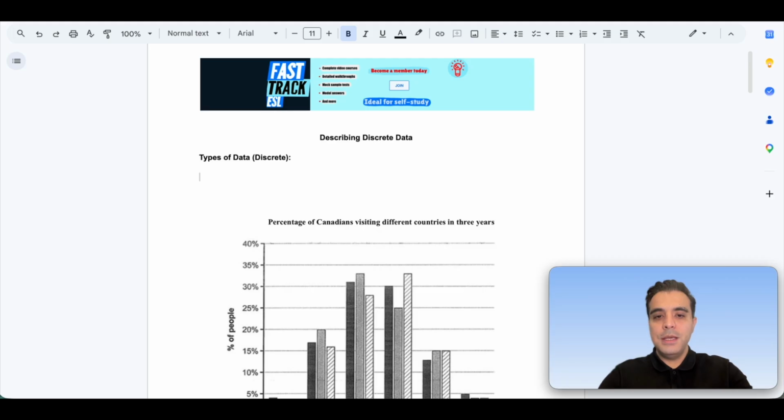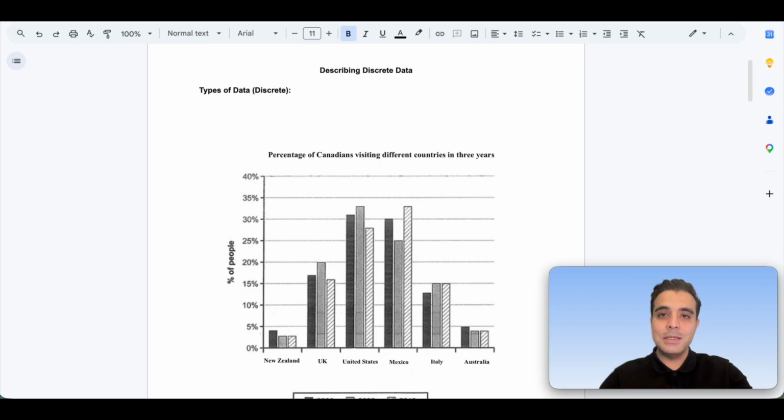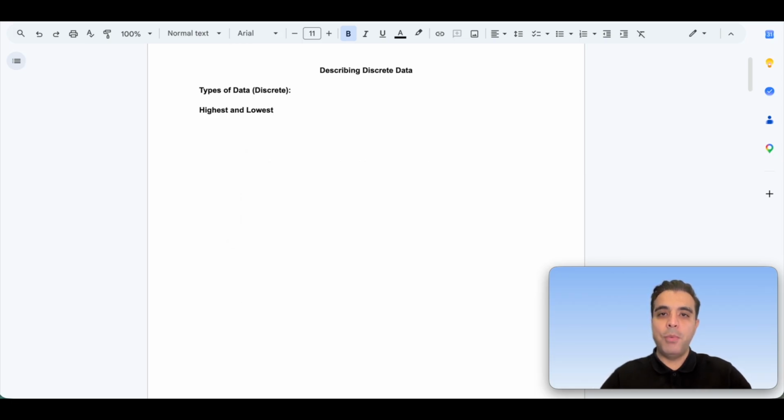So one of the things you might want to describe if you are given a bar chart like this is the highest amounts, right? So highest and lowest amounts are very important to describe because remember, summarizing is a very important part of the writing process, and sometimes you can't describe everything in a category. So instead, you limit your descriptions only to things like the highest and the lowest amounts, which are emphatic.